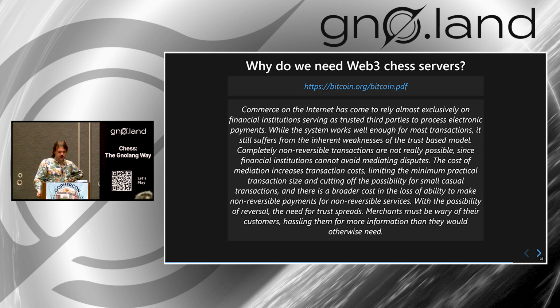So the Bitcoin white paper essentially starts off in the abstract by saying transactions in the digital world are inherently flawed because they need to be centralized.